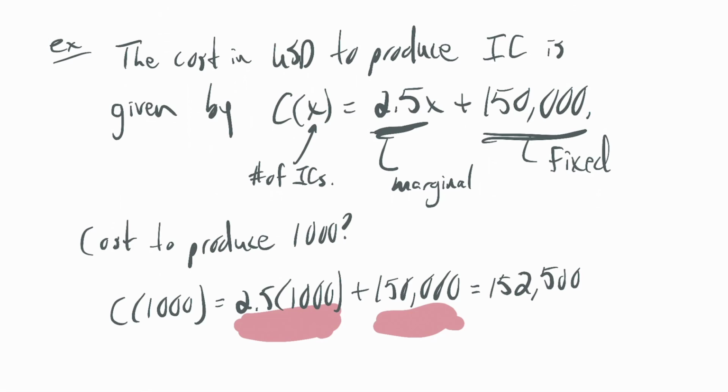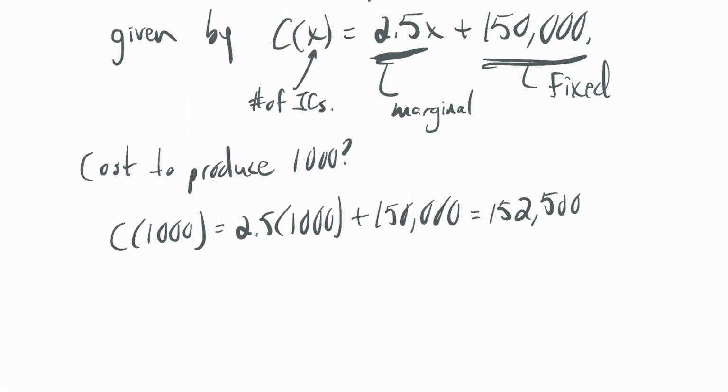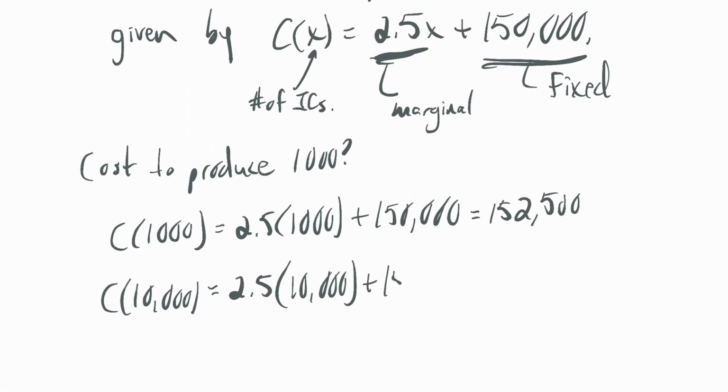What about if you made 10,000? That'd be C of 10,000, so 2.5 times 10,000 plus 150,000. Well, that's going to be 25,000 plus 150,000, so that's going to be 175,000.